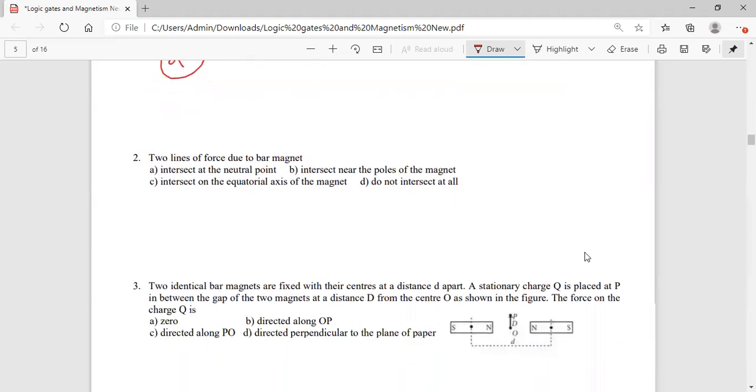Next, second one. The two lines of force due to a bar magnet: intersect at a neutral point, intersect near the poles of the magnet, intersect on the equatorial axis of the magnet, or do not intersect at all.